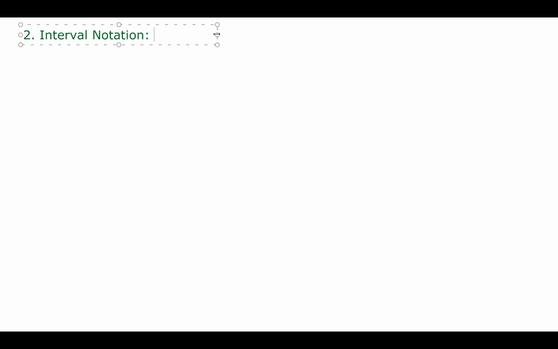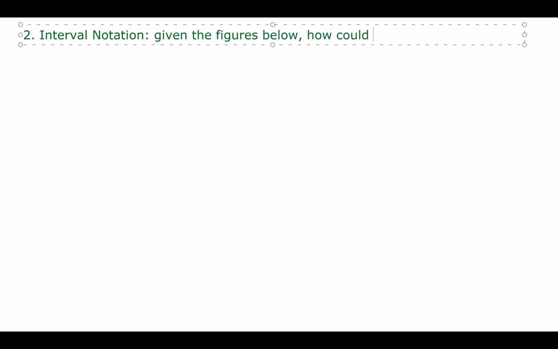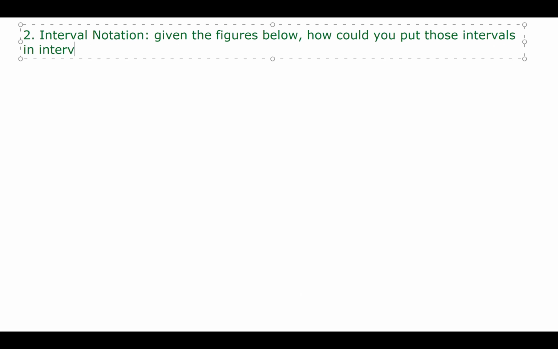Now over here, we will be given different figures and we will be asked to use the interval notation for them, to put them in this notation. So given the figures below, how could you put those intervals in interval notation, right?